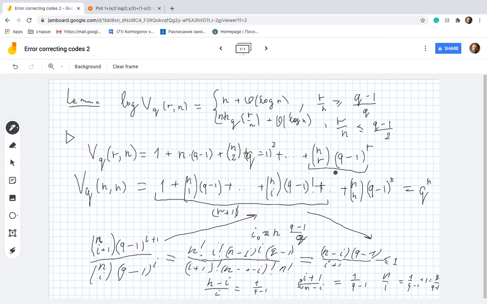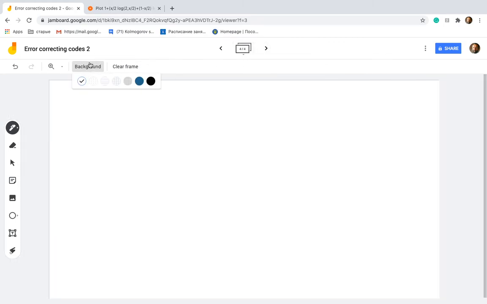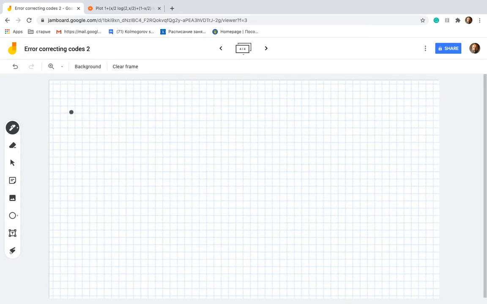And we need just to express the logarithm of this term using the Shannon function. Let's do it. It's a simple exercise. So what is n choose r times q minus 1 to the r?